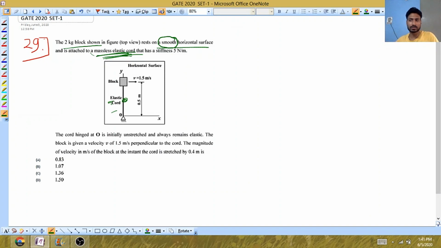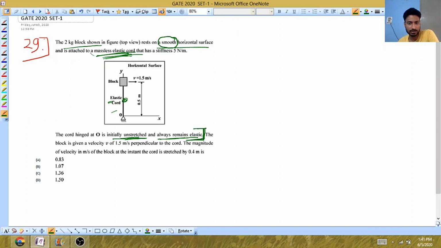That's what we are saying, that the cord is hinged at O and is initially unstressed, means at this position the spring is not stretched. Not stretched means it is at its natural length, and the spring remains elastic, always elastic.